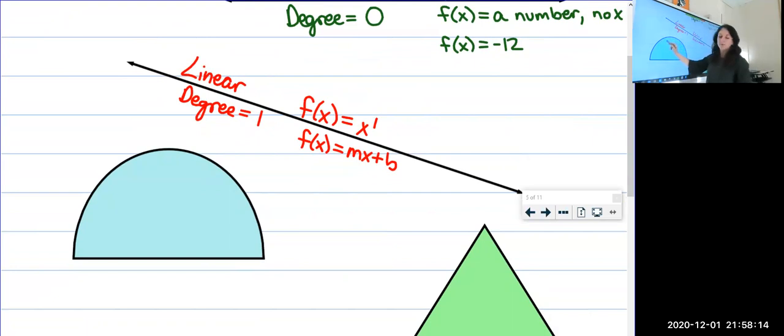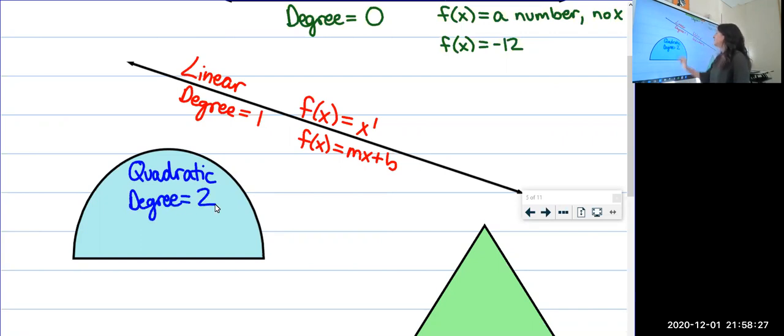Degree 2 is called a quadratic, which you know. We've talked about that multiple times because the highest power for a quadratic is a 2. So a quadratic can look like this. F of x equals ax squared plus bx plus c.